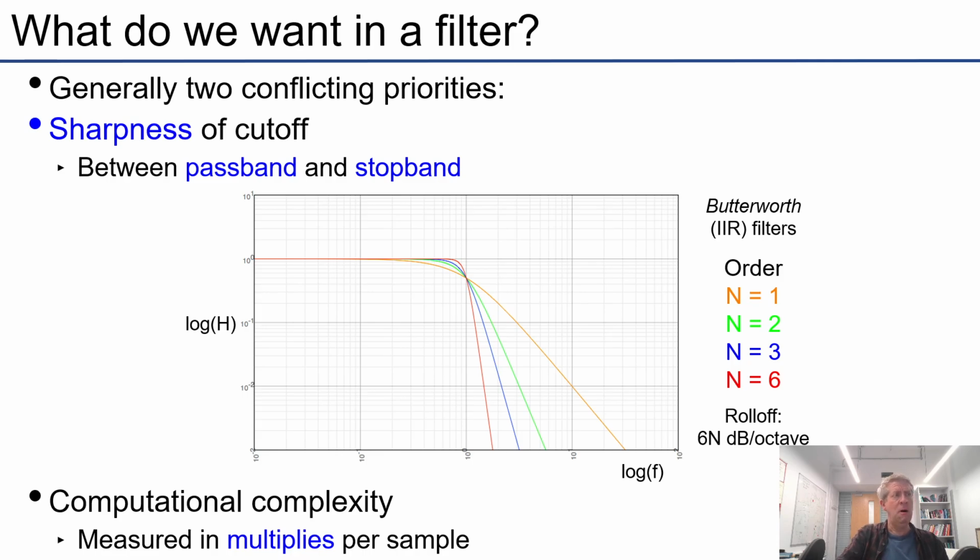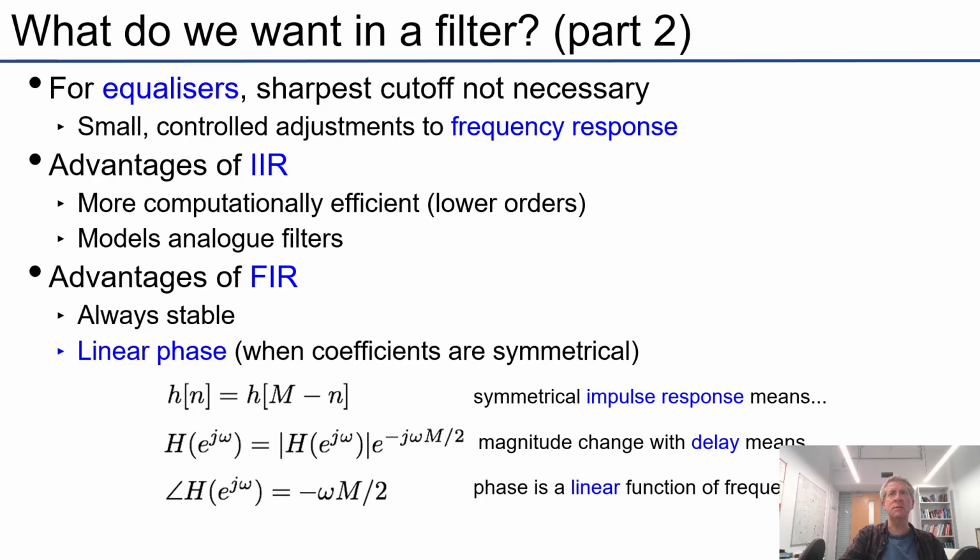But there are times when we're not that interested in a sharp cutoff. We want to, say, boost the mid-range. And we don't want our frequencies suddenly to go from no content to a huge amount of content as we go from, say, just under 600 hertz to just above 600 hertz in the frequency domain. We'd like a smoother transition.